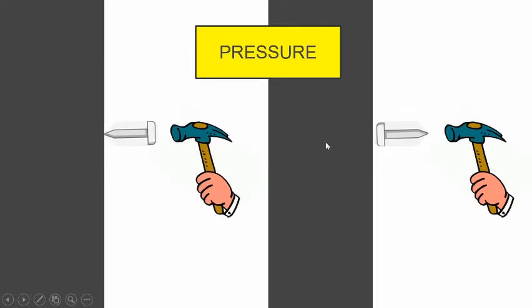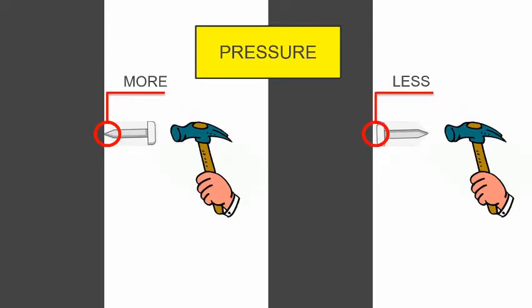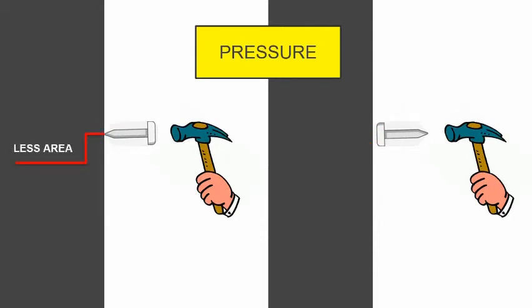First, notice that the area of the tip of the nail is very less as compared to the area of its flat surface. This tells us that the area of the surface on which the force is applied matters. We will understand this in detail, but first let us define pressure.